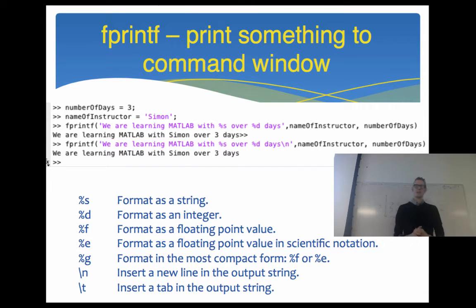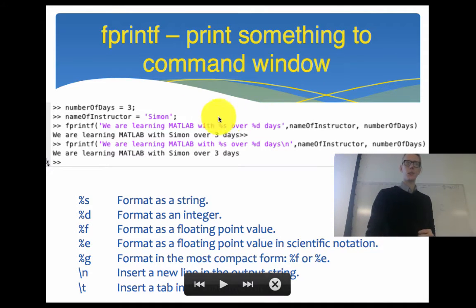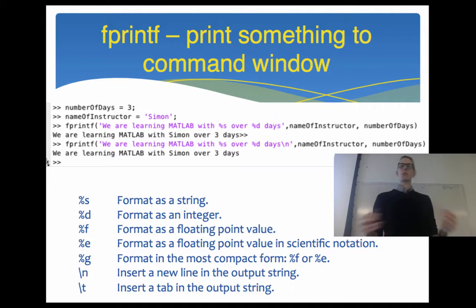So you'll notice there's this strange %s and %d in our code. And what that tells MATLAB is that I'm going to substitute some variable in there. So we are learning MATLAB with some string over some number of days. And then what variables do we want to substitute in there? Well, we want to substitute in first this name of instructor variable, and second this number of days variable.